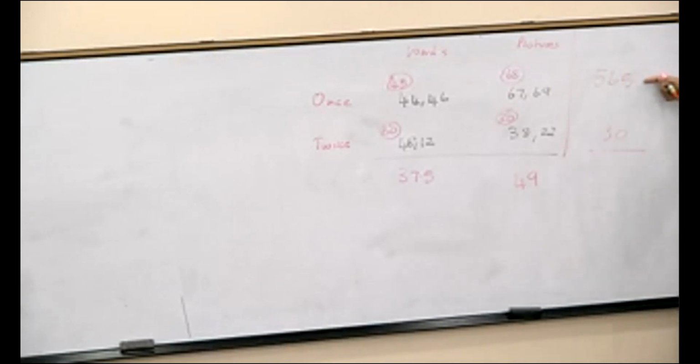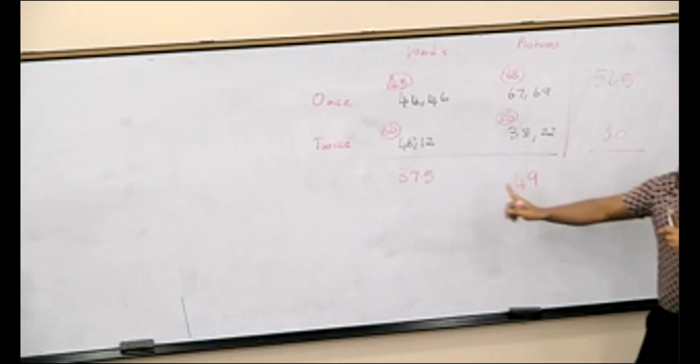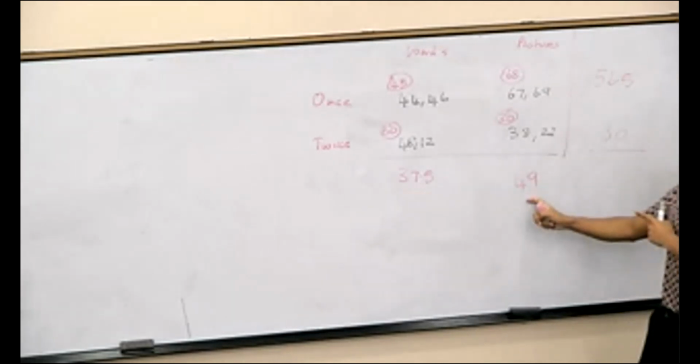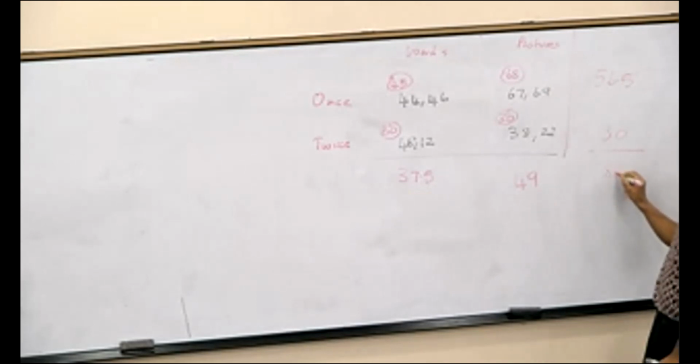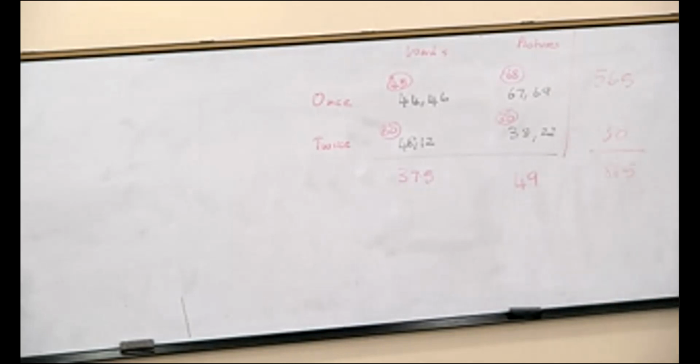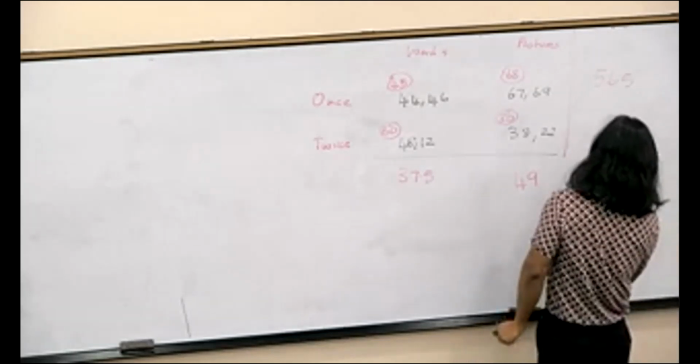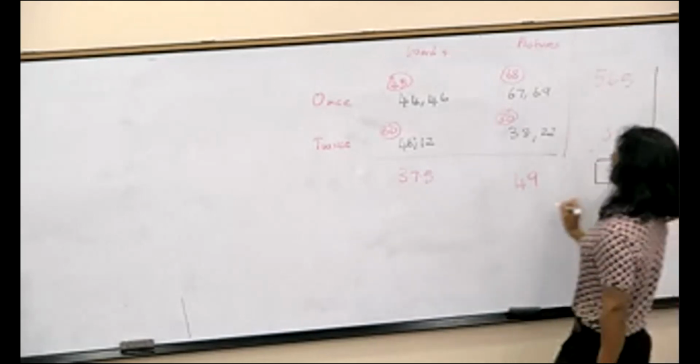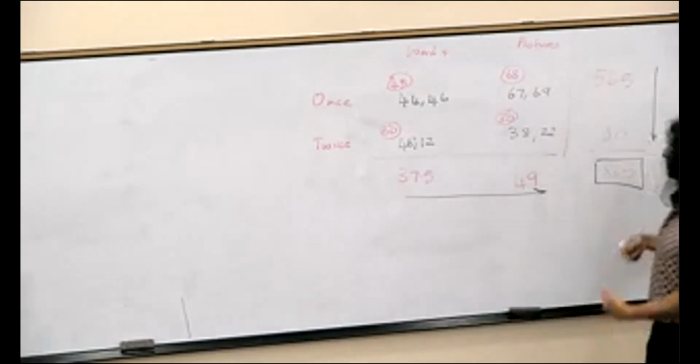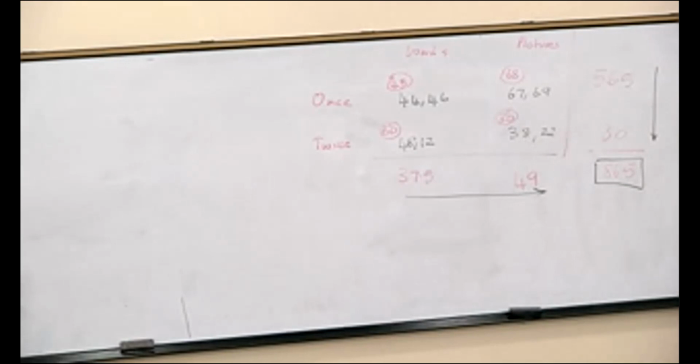Now, if you add 56.5, that's 30, 86.5. Good. 37.5 plus 49, 86.5. They match up. If that doesn't happen, it means you made a mistake. That is a checkpoint. So once you find the means, the average of those two, they need to match up. Good? Okay.